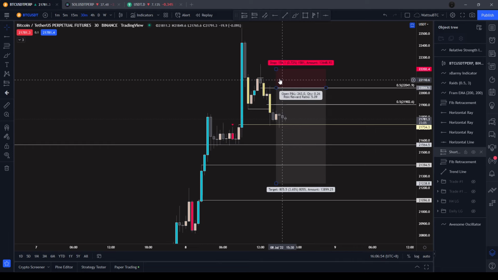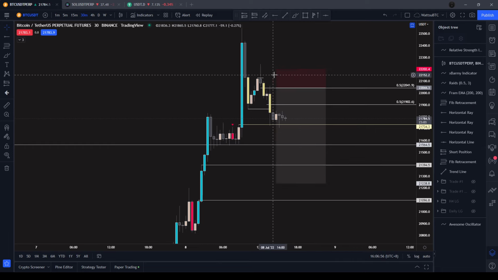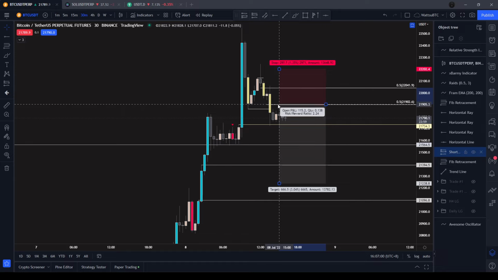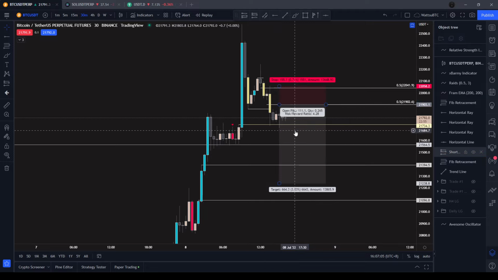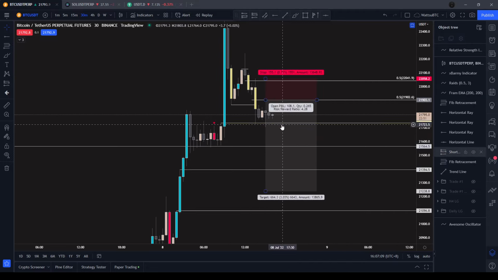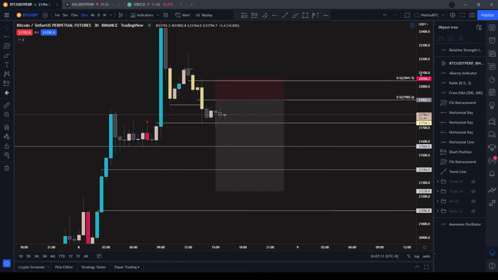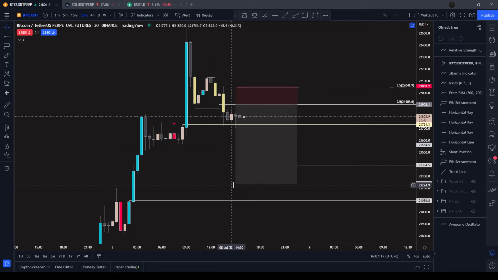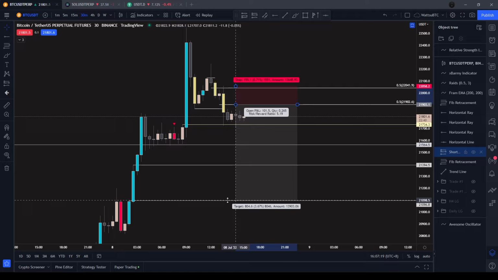You can actually scale your bids. But if you really want an immediate entry, this can be your entry, 21.9k after closing below 21.7k. But yeah, and you'll use these levels as your TP.